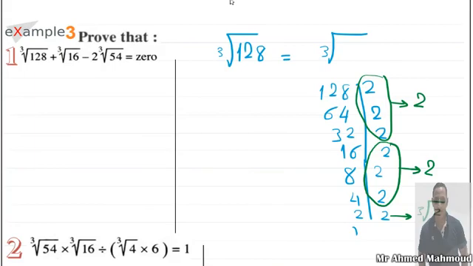Then outside we have 2 times 2 equals 4, and we have 2 inside the root. Then the first one equals 4 cubic root 2. Okay, plus cubic root 16, as we explained before, equals 2 cubic root 2. Okay, negative 2 cubic root 54.